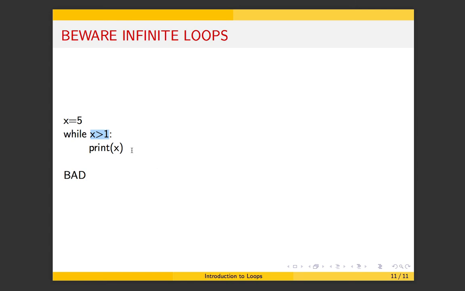You've stumbled into an infinite loop. So you're going to have to go back and add code to get yourself out of it. In this case, that command would be something like x equals x minus 1 or x equals x minus 2 or whatever. Somehow you have to be decreasing the value of x so that eventually this condition is broken. So you break out of the loop.